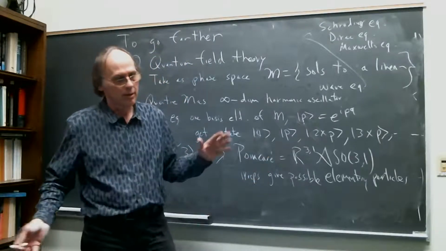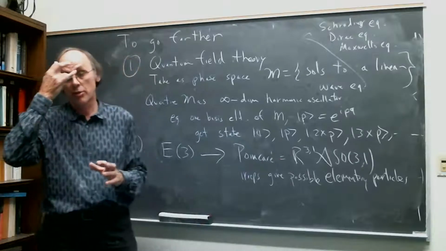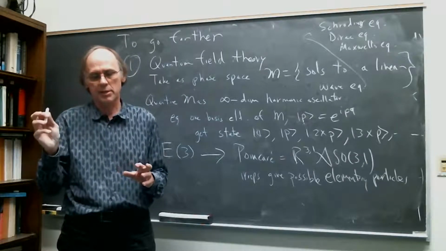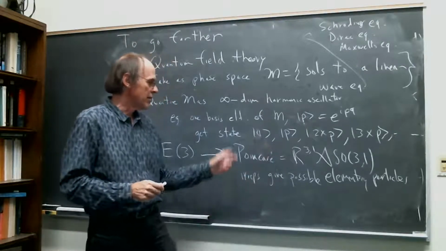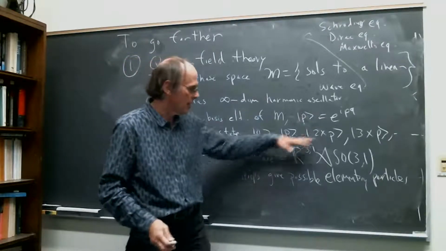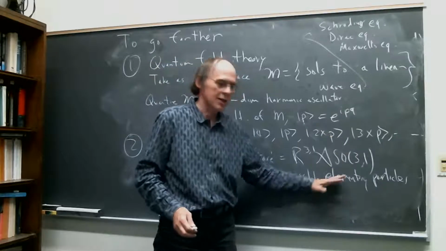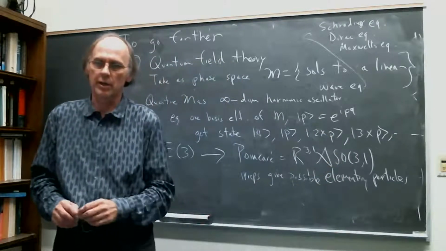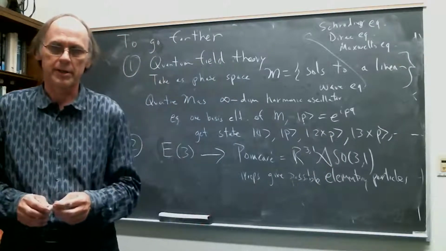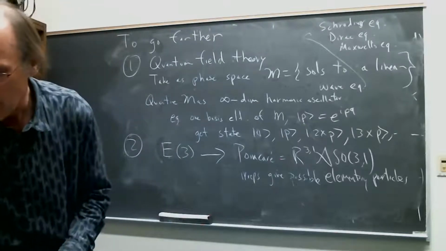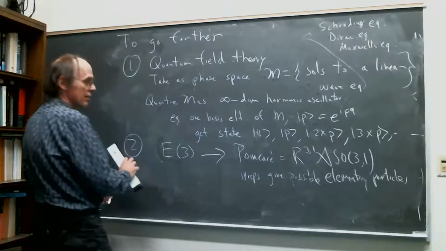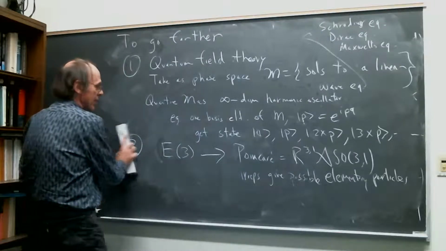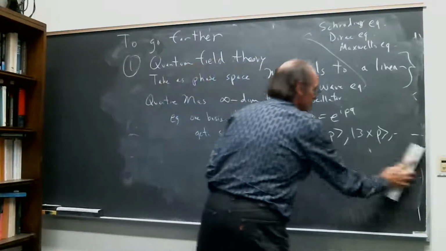So going through this classification I tried to do in 3 dimensions of the representations of the Euclidean group, if you do the same thing for this guy, you get a somewhat more complicated story, and you get a classification of all the possible relativistic elementary particle theories.